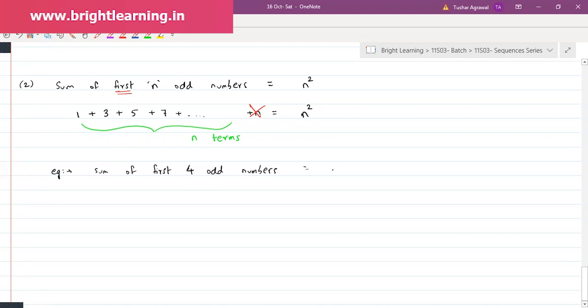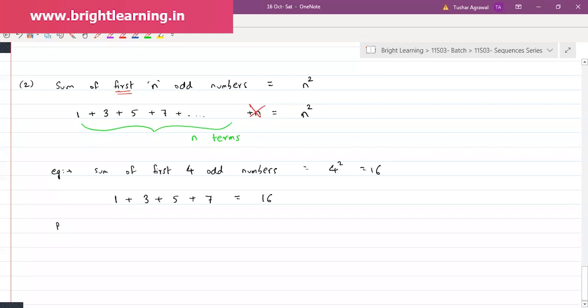The answer should come out to be 4 square, that is 16. Let's check whether it turns out to be equal to 1 plus 3 plus 5 plus 7. Four odd numbers we have written. Is the answer 16? Check. 1 plus 3 is 4, 4 plus 5 is 9, 9 plus 7 is 16. Yes, sir. So the formula that we have studied is correct.